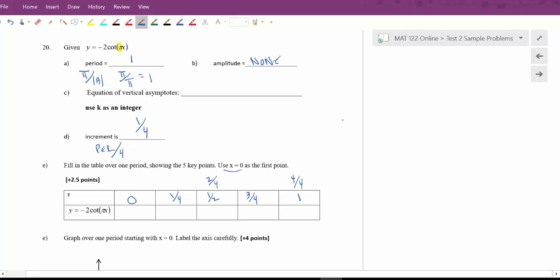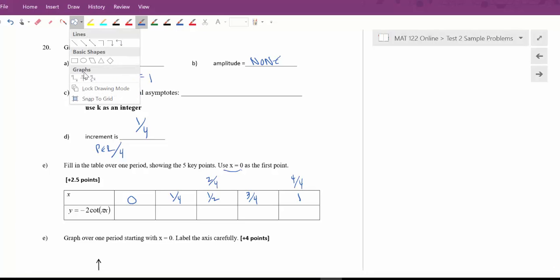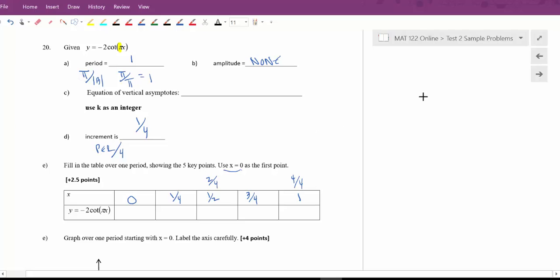Okay, so one of the first things you want to do is look at a unit circle, just as a point of reference here. On a basic unit circle, we want to figure out where the cotangent is undefined. Well, the cotangent's x over y.